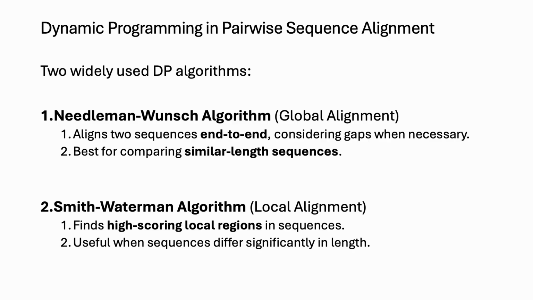The other method is the Smith-Waterman algorithm, otherwise called the local alignment method. This finds the high score on the local regions of the sequences. That is, if your query is of a short length and you are comparing against a huge database, this is the most preferred choice of algorithm. As I said, this is useful when sequences differ significantly in length.